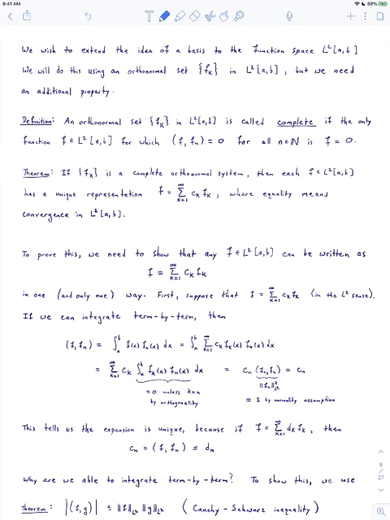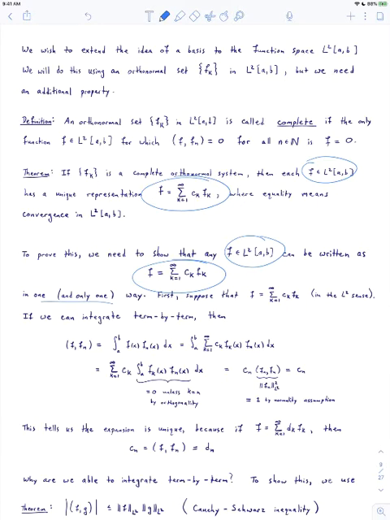Okay, so what is it that we're trying to prove here? We're trying to prove that each f in L2 has a unique representation of this form, where f sub k is our complete orthonormal system. So, to prove this, we need to show that any f can be written as a sum in one and only one way.